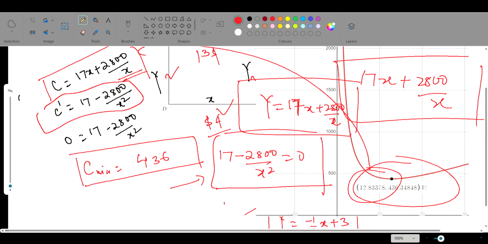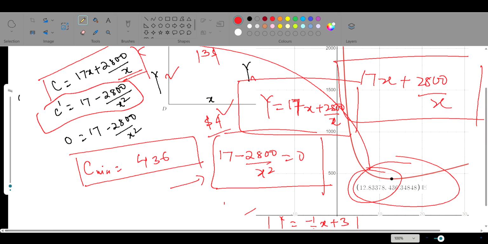You don't have to draw C and C dash both. If you're going with C dash, then you substitute the value that you got and you're done. But if you're going with the graph, just draw the graph 17x plus 2800 upon x.